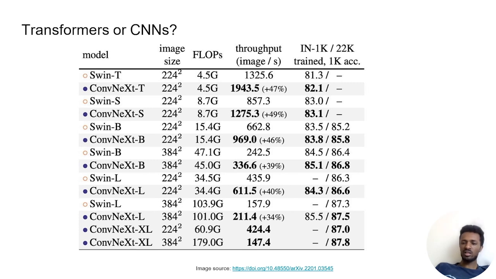Convnets compete favorably with transformers in terms of scalability as well. If you need to scale your model to larger datasets or complex tasks, maybe convnets might be a better choice. So this all depends on your specific use case and what kind of performance you want to get for your tasks.